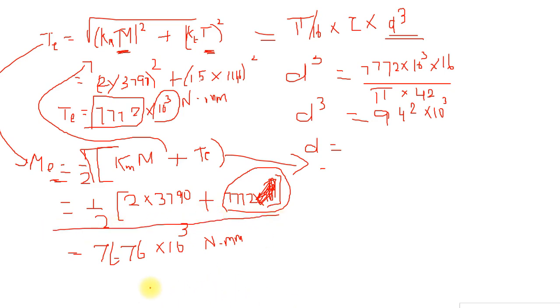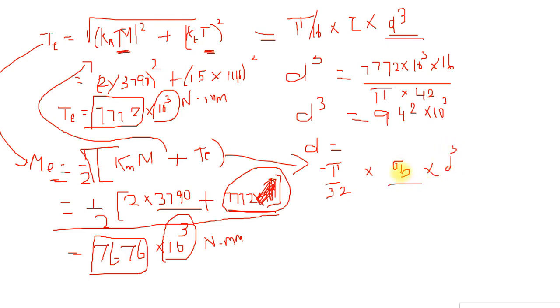Okay, very good, thank you. So I can substitute this in Newton meter as well as this in Newton meter. I get the value as 776 Newton meter; I multiply with 10 to the power 3 to get Newton millimeter. I have the other formula for this, which is pi by 32 into sigma b into d cube, where the sigma value is given as sigma t in my problem, which is nothing but 84.